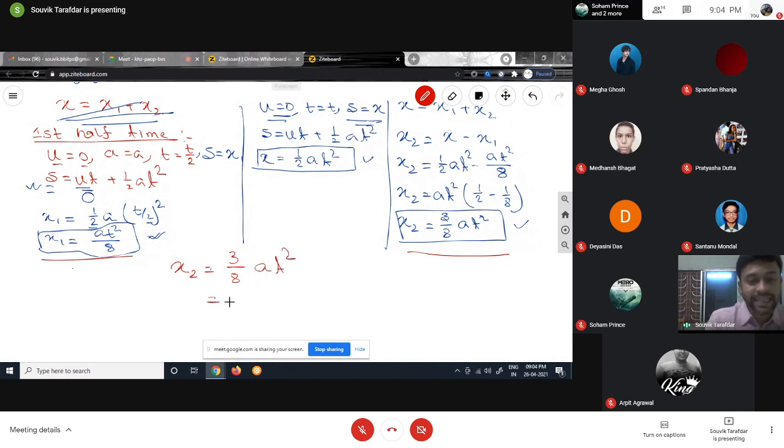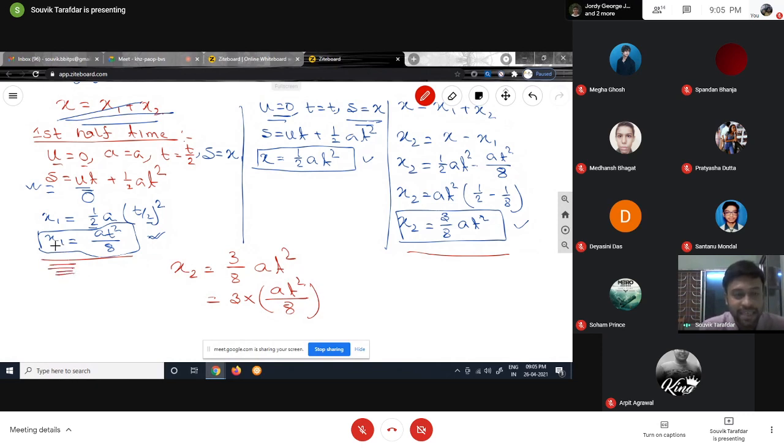If I write it in this way, 3 into a t square by 8, that is 3 in the numerator and 8 in the denominator. Now a t square by 8, isn't it x1?